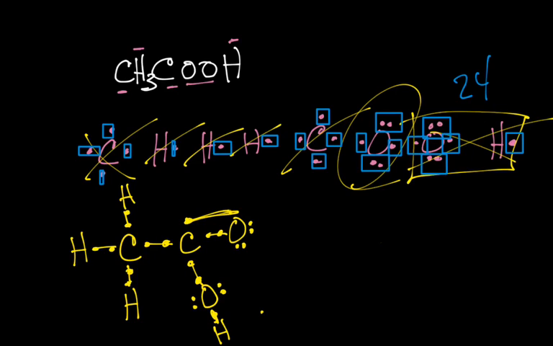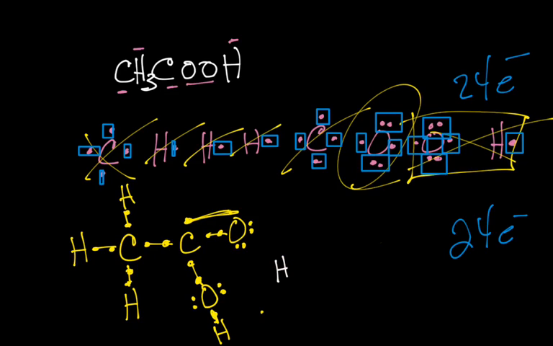And let's check our structure. 2, 4, 6, 8, 10, 12, 14, 16, 18, 20, 22, 24. 24 electrons. All right, so we're good to go with that. It looks like everybody has a noble gas configuration. So the last step is just to redraw this mess and make it look a little neater.